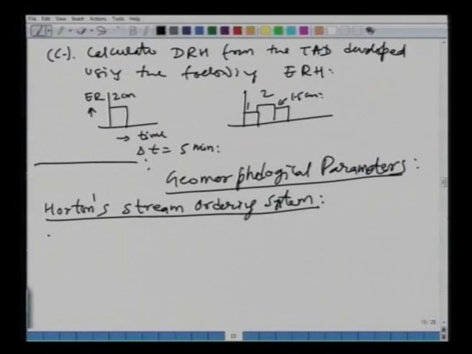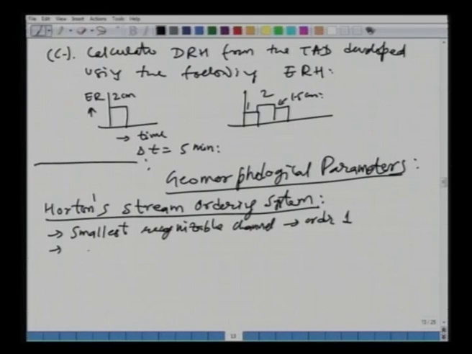So, what they have said is that the smallest recognizable channel in the catchment is given order 1 or the first order. Okay.